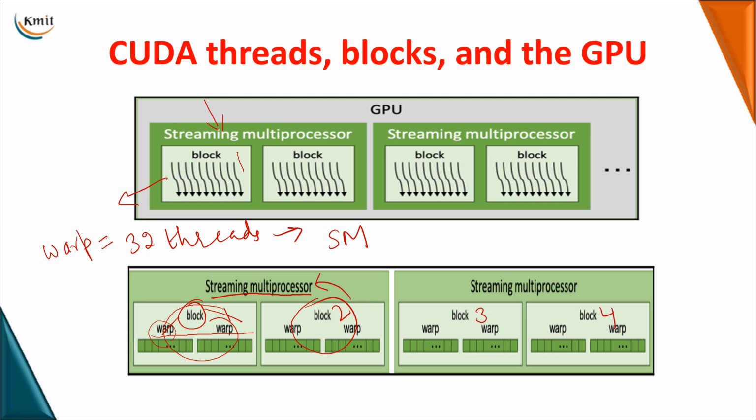Assume this is streaming multiprocessor 1 and this is streaming multiprocessor 2. At any cost, we have to make sure that block 3 and block 4 are executing only on streaming multiprocessor 2. Even though you find streaming multiprocessor 1 is empty, you cannot assign block 3 to streaming multiprocessor 1. Whatever blocks are assigned to a multiprocessor, it has to execute them. So the basic execution unit is your warp, where your block is divided into combinations of 32 threads.